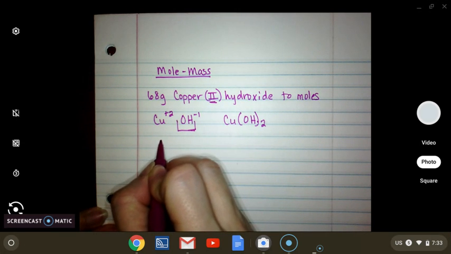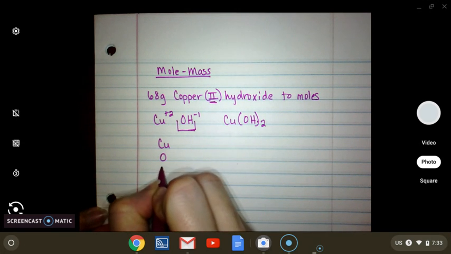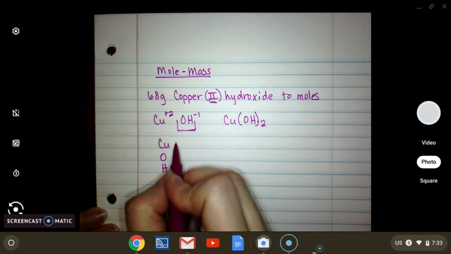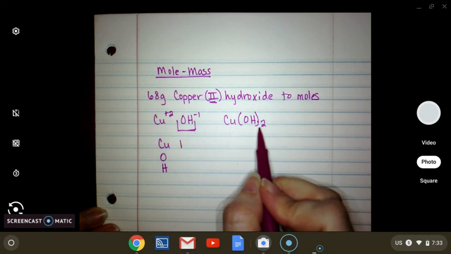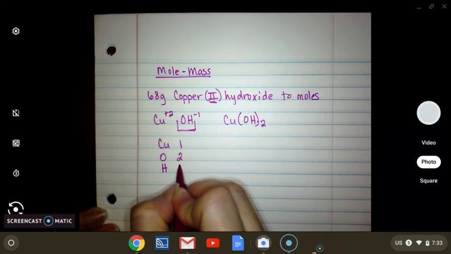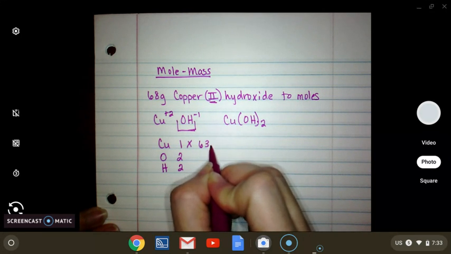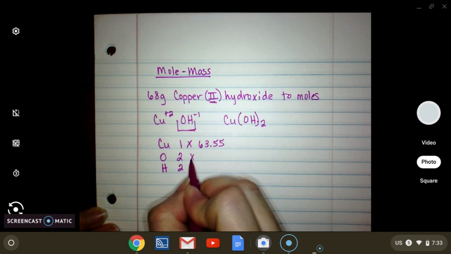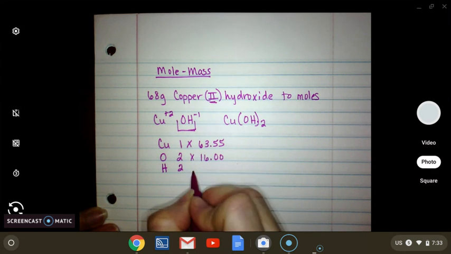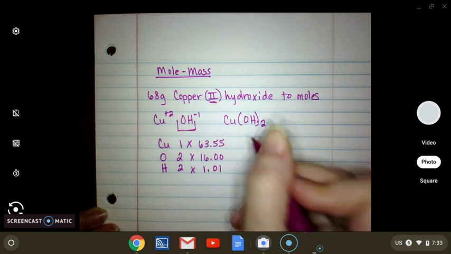All right, then you're going to split them up. You have copper, oxygen, hydrogen. You have 1 copper. Remember, this 2 goes with both of these right here. So then you're going to multiply copper by 63.55, oxygen by 16, hydrogen by 1.01.